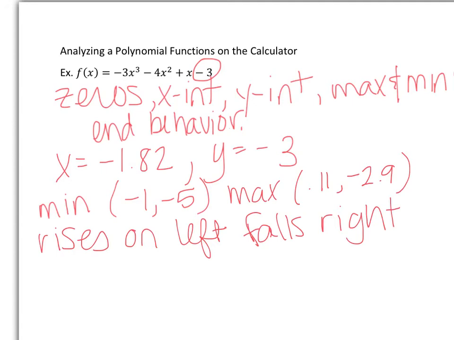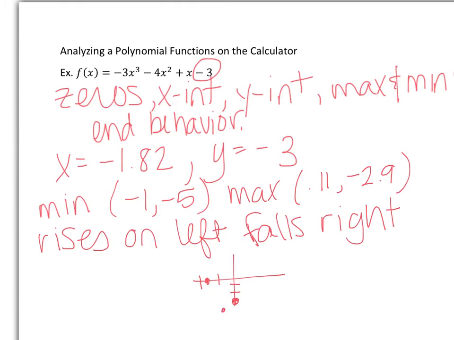And with this information, I would be able to give an accurate sketch of this polynomial. I know that it's going to cross the x-axis at almost negative 2, the y-axis at negative 3. It has a minimum at negative 1, negative 5, so it actually goes lower right there.